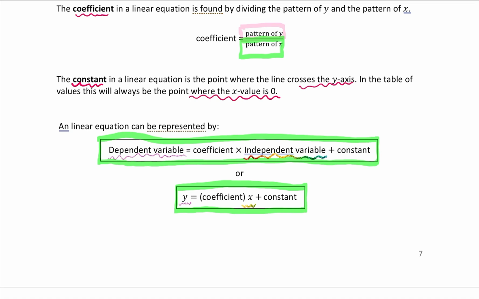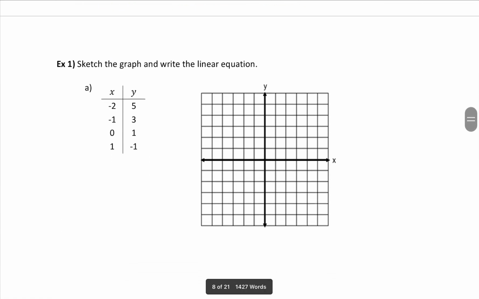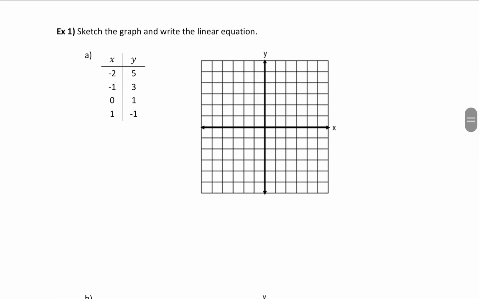Okay, so this sounds a little bit complicated, but we're going to do a few examples, and I think it will make a little bit more sense. Example 1, sketch the graph and write the linear equation. Okay, so if I want to write the linear equation, remember I'm going to do y equals the coefficient times x plus the constant.